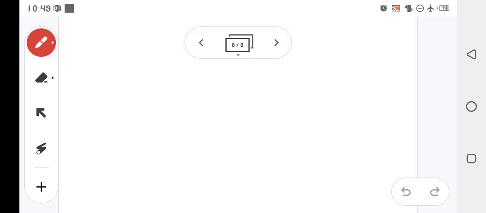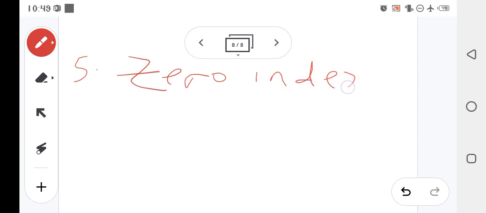So the next we'll be talking about is zero index, which is the fifth one. Zero index.